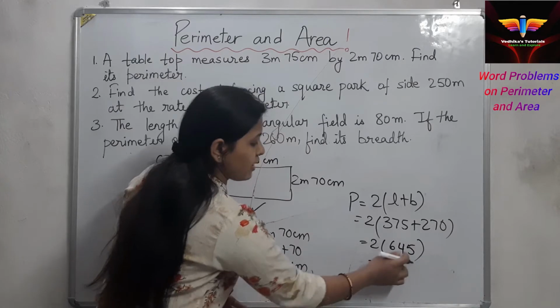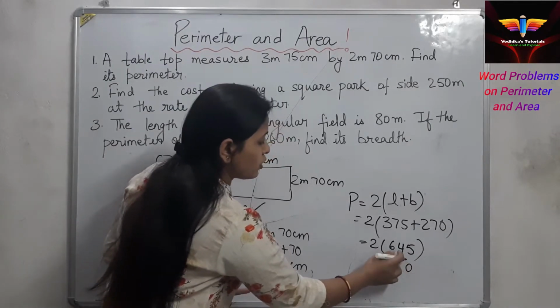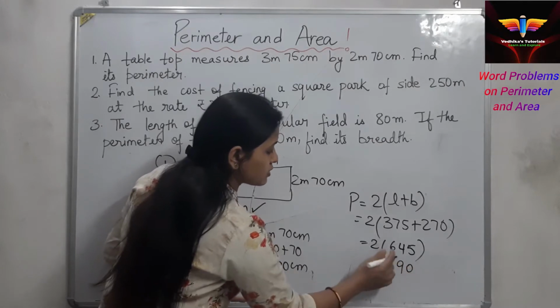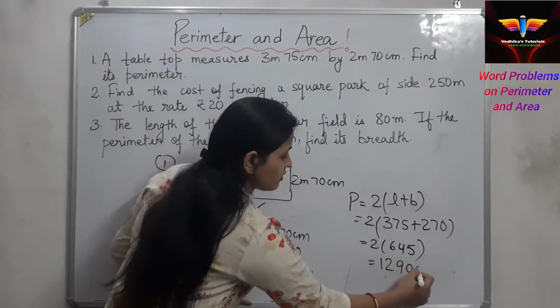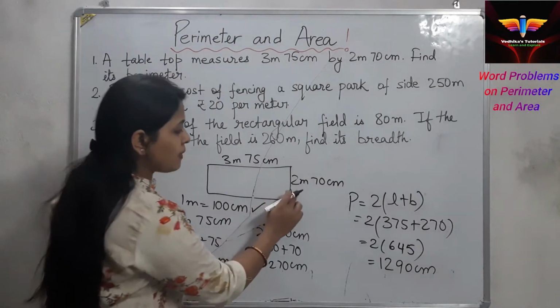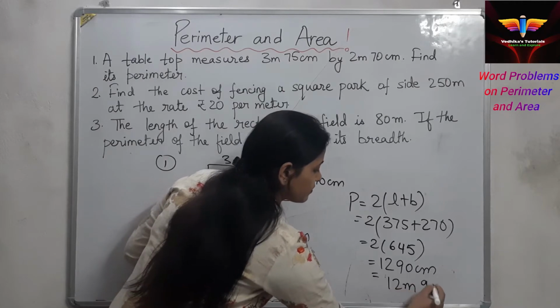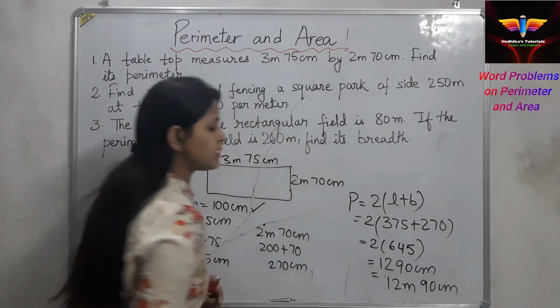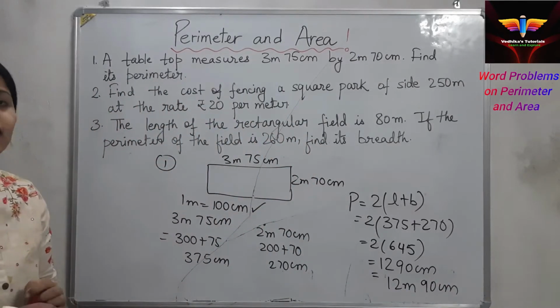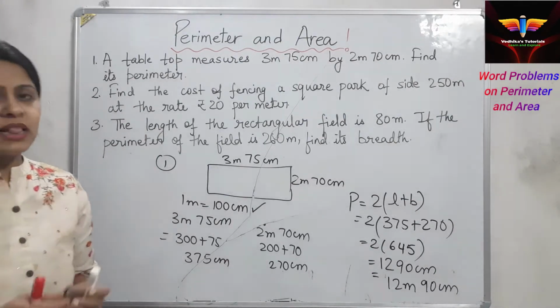Now we have to multiply it by 2. 5 into 2, 10; 4 into 2, 8 plus 1, 9; 6 into 2, 12. That is 1290 centimeter. Now we have to write it in a proper way, so we write it like 12 meter 90 centimeter. Okay, 12 meter 90 centimeter is the perimeter of the tabletop.